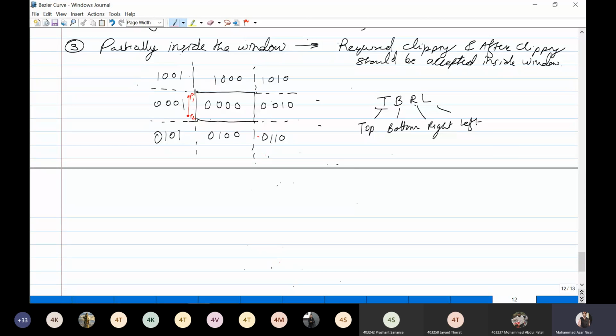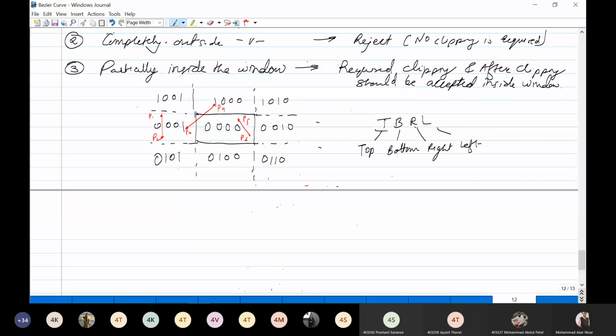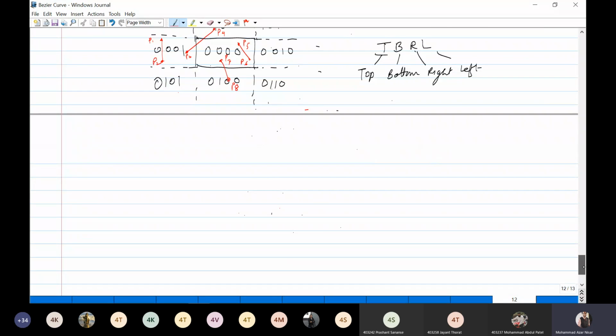Then another line, P3 and P4. This will be the next line, P5 and P6, and the last line is here, that is P7 and P8. Okay, so such lines are there.